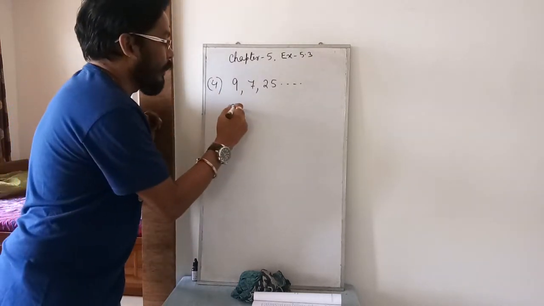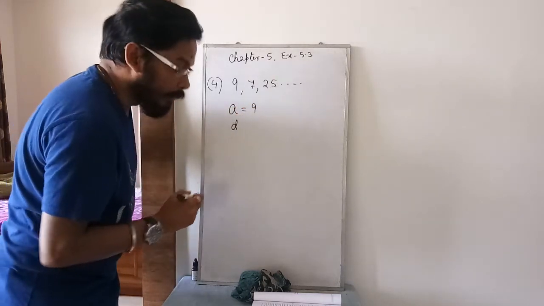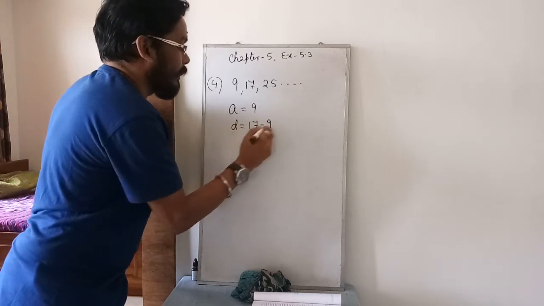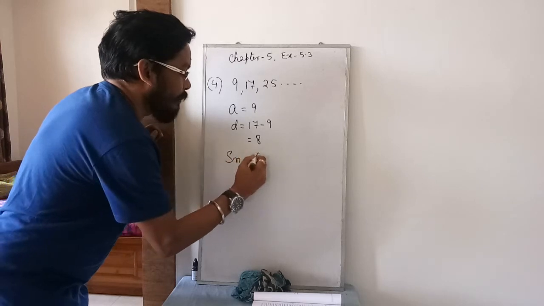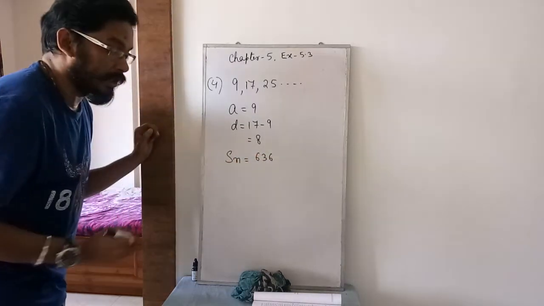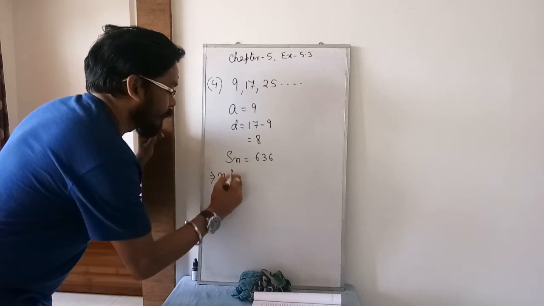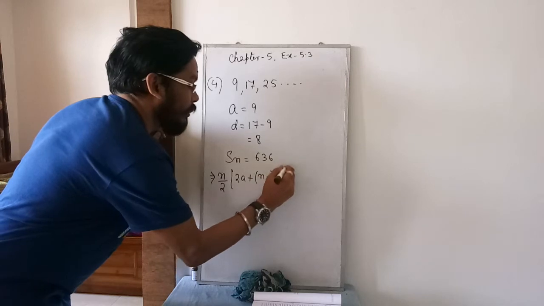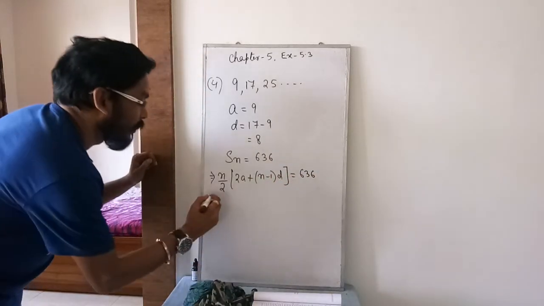So A equal to 9, D equal to 17 minus 9, which is 8. And the sum given is 636. So it is n by 2 into twice A plus n minus 1 into D equal to 636.